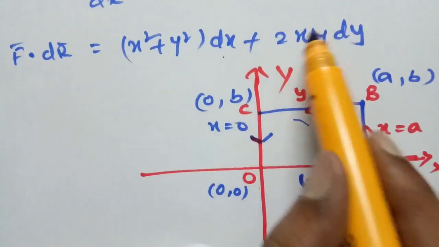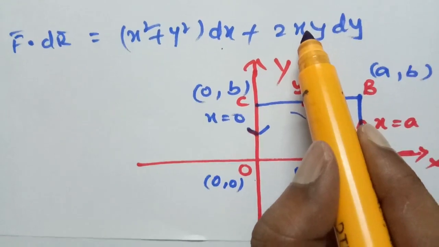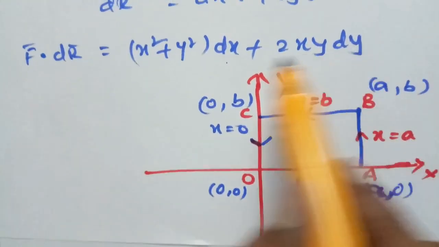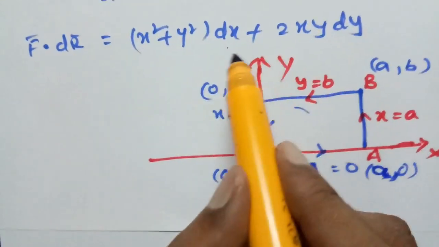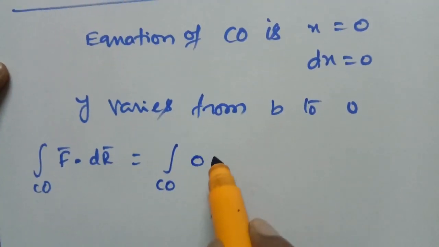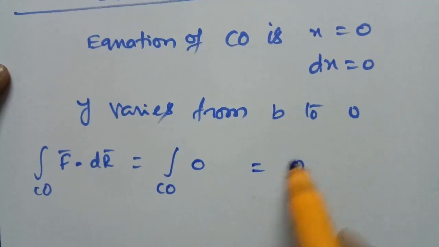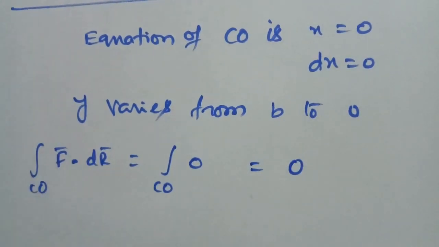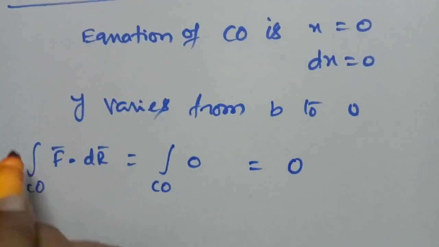Therefore it becomes 0. 2x means 0, so this also is 0. The entire value becomes 0. Say this is equation number 5.